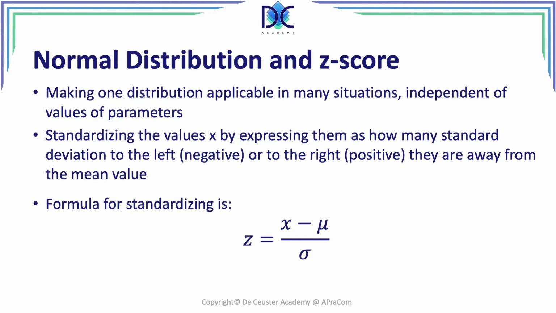And we can use this distribution in a simple way for any value x, mu, and sigma. We just calculate the z value, and the z value gives us how many standard deviations x is to the left or to the right of the average. The bell curve is the same, and the probabilities will be the same also, but the calculations are a lot easier because we only have to use one type of table.